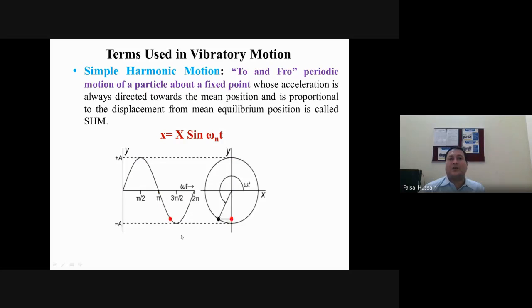So generally, simple harmonic motion means what? To and fro periodic motion of a particle about a fixed point. In this figure also you can see that there is a to and fro motion of a particle which is traveling from a positive phase to a negative phase through an equal interval of time.